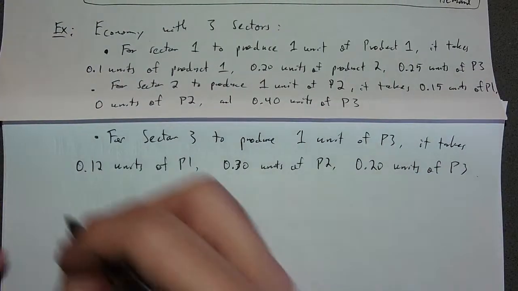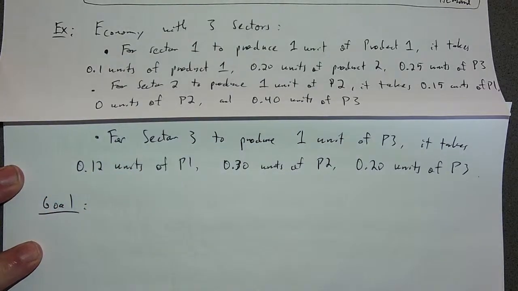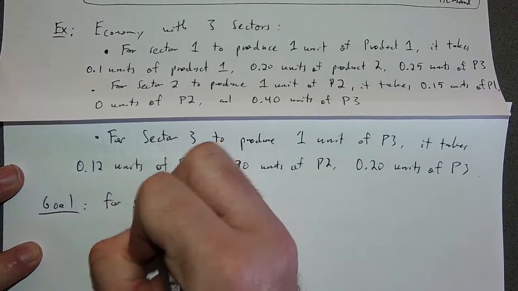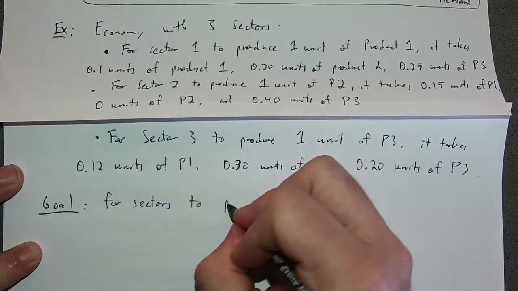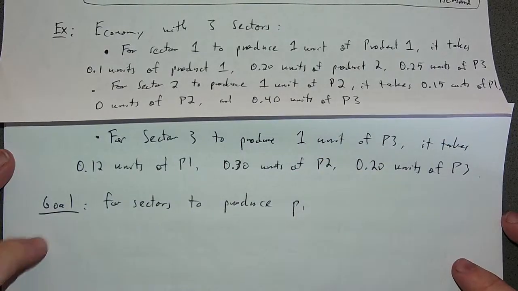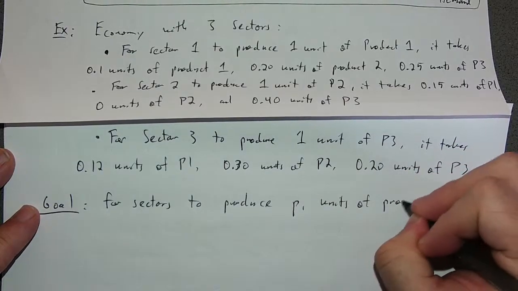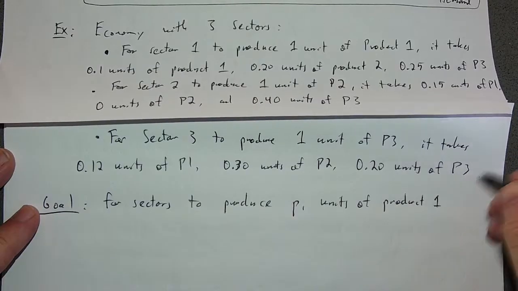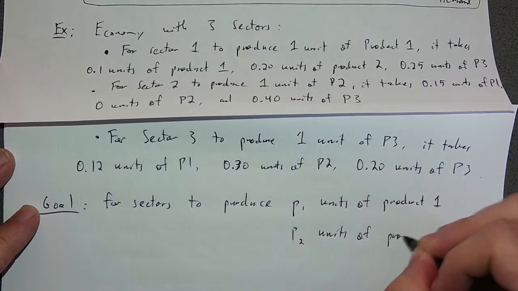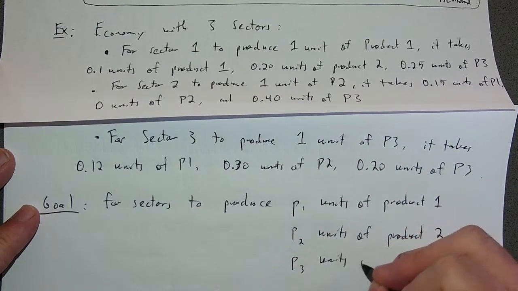Now, what is the goal here, right? The goal is for sectors altogether to produce P1 units of product 1, P2 units of product 2, and P3 units of product 3.